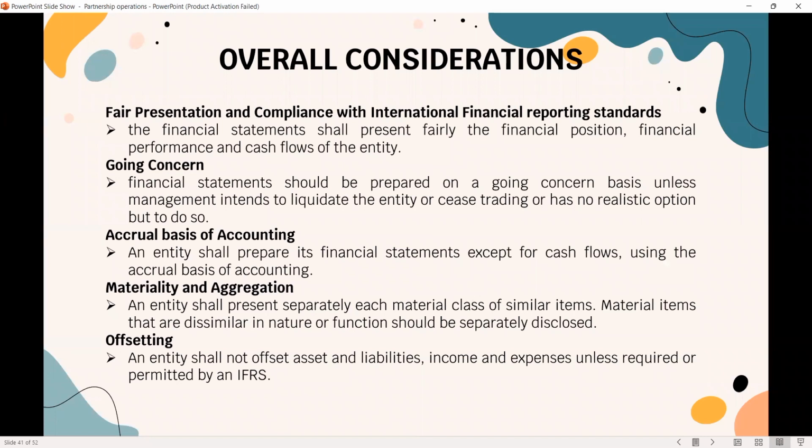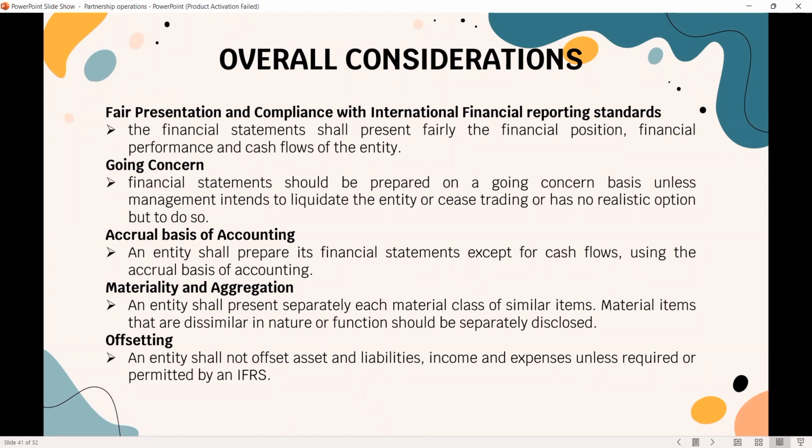Okay. So, syempre, when doing financial statements, there are overall considerations. First is the fair presentation and compliance with international financial reporting standards. Dapat the financial statements shall present fairly the financial position, performance, and cash flows of the entity.